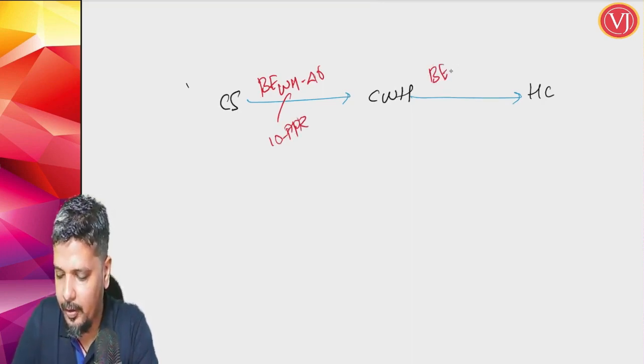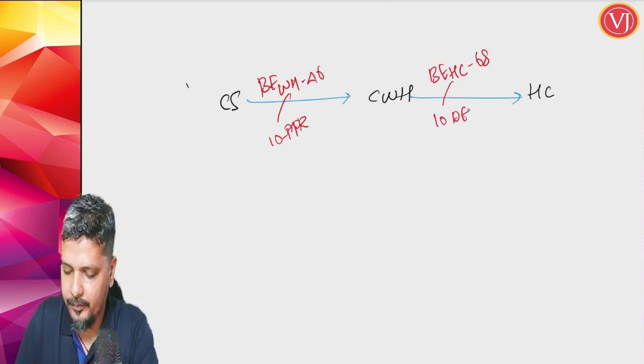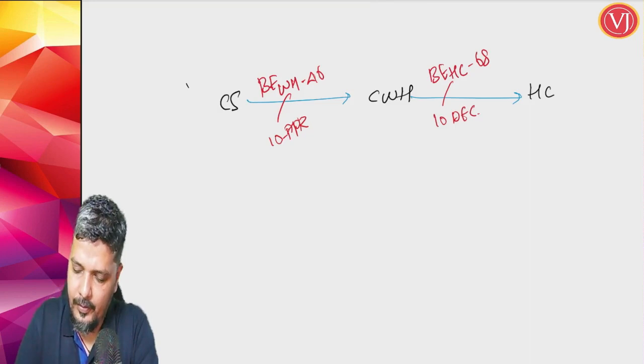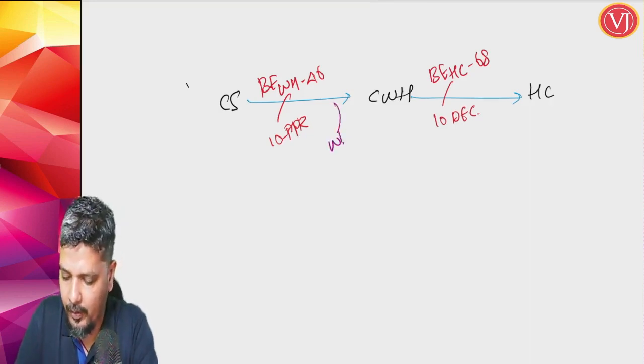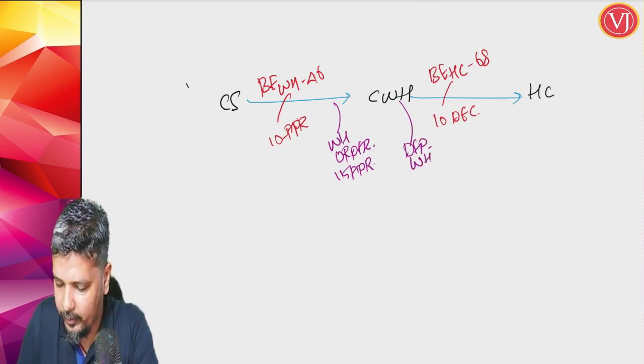Then you are filing bill of entry for home consumption under section 68, say on 10th of December. Assume that you have got warehousing order on 15th of April and deposit in warehouse happens on 20th of April.